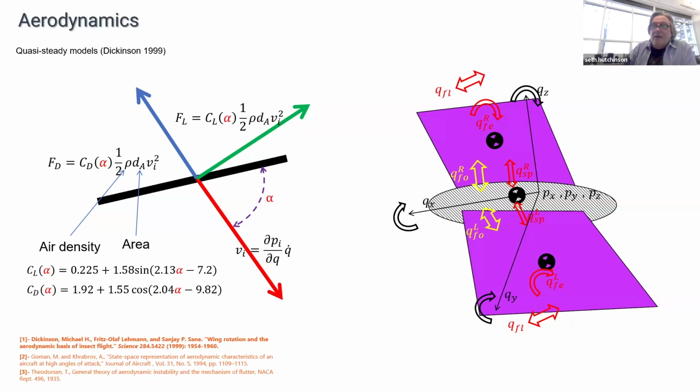It's a rigid polygon, in this case a rectangle, that moves through the air, and as it does, it generates forces that are characterized by lift and drag coefficients, right? So it's the most basic kind of aerodynamics that you could see, but the lift and drag coefficients depend on the velocity, right?